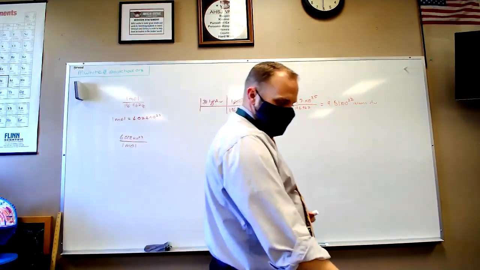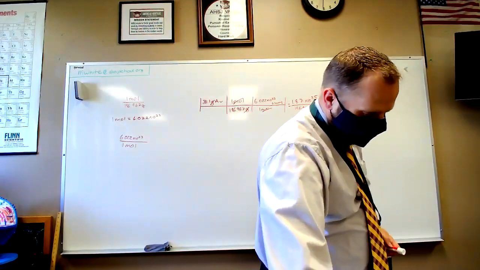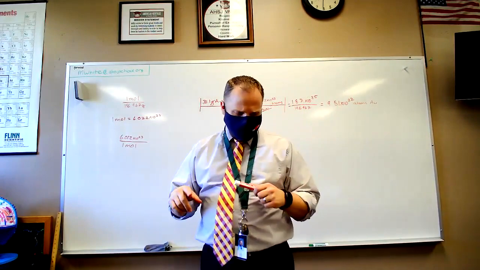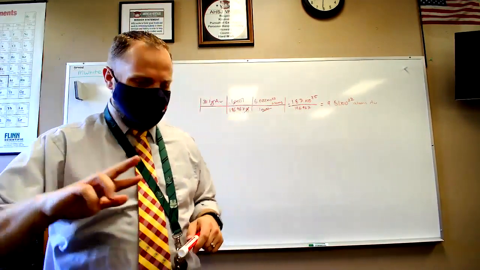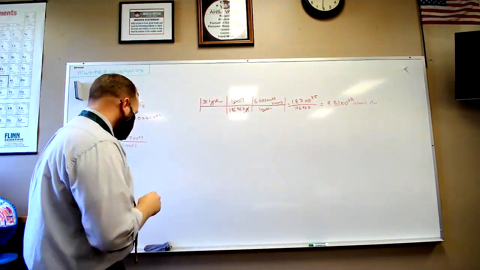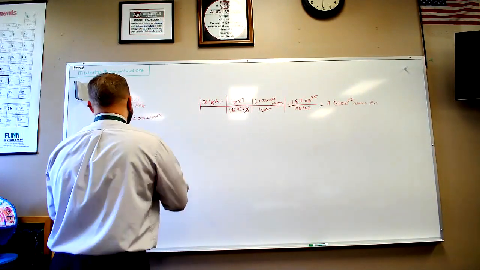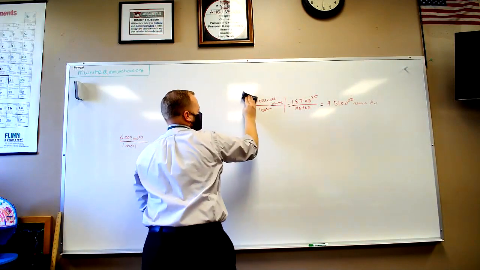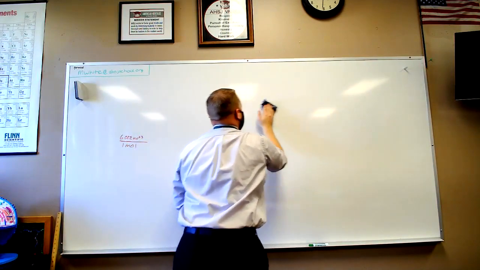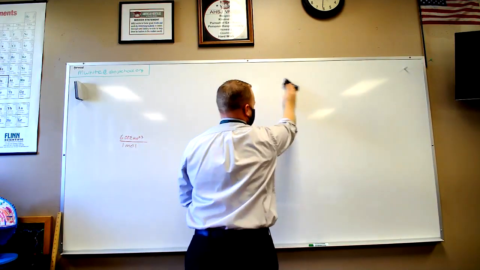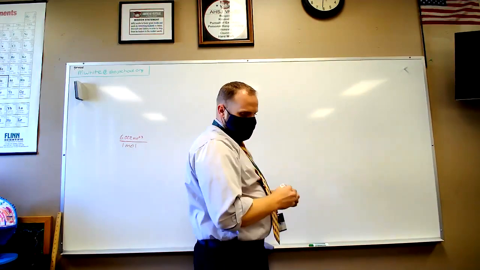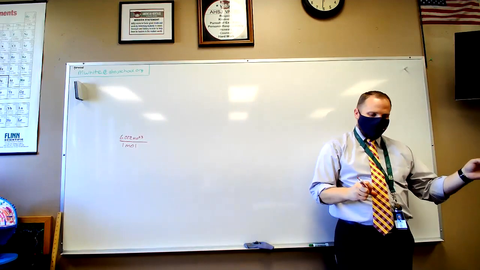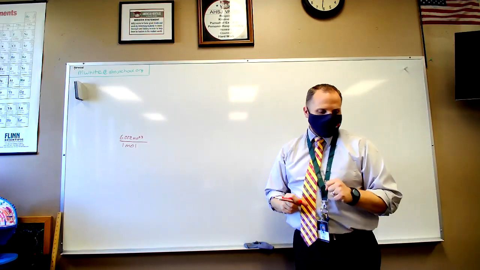Let's do another example. But let's do example problem 5 because that goes the other direction. So example problem 5 gives us a number of atoms and asks for the mass.